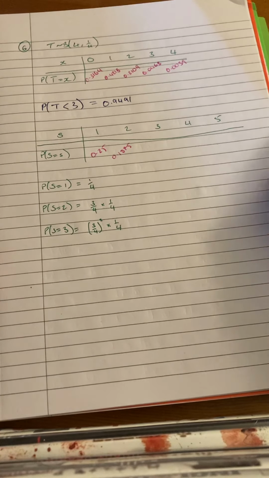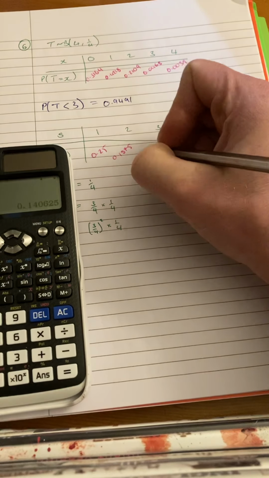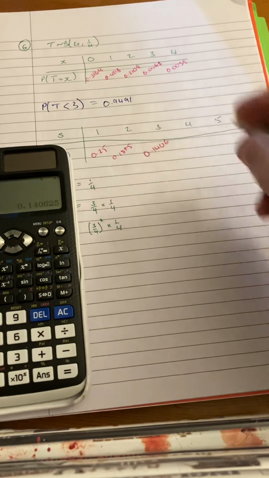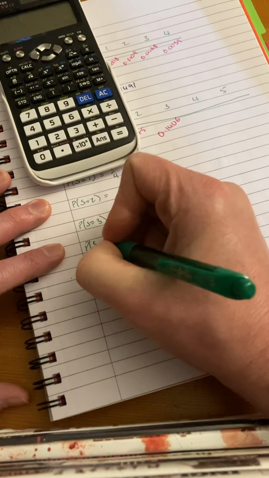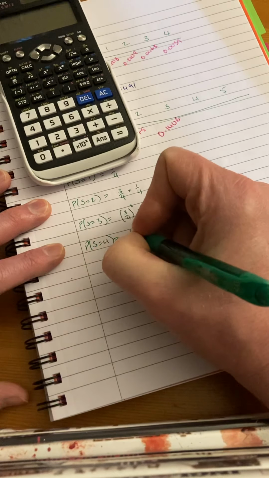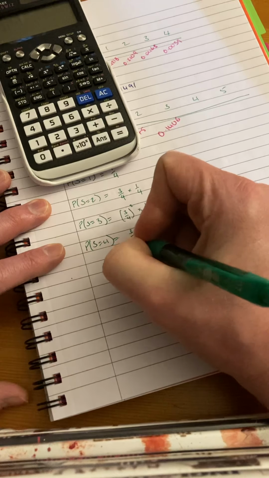3/4 squared times 1/4, there we go, 0.14. I'm going to write 1406. I'm going to stick to that convention, 0.1406. And then probability S equals 4 is, so it's 3 non-6s and then 1 6.